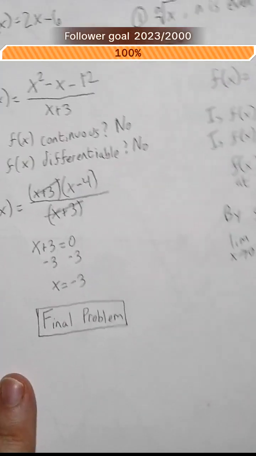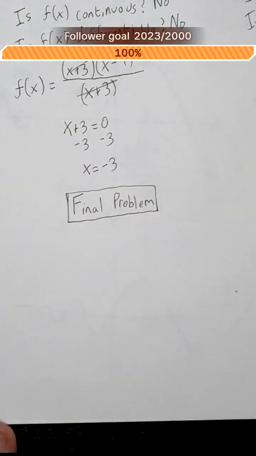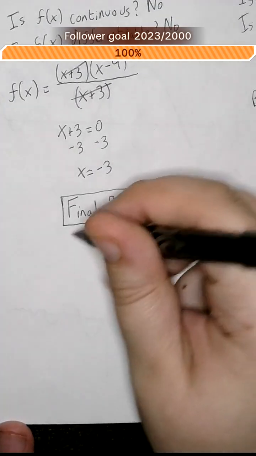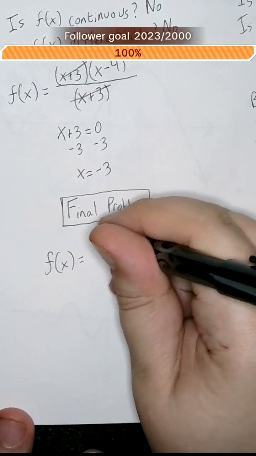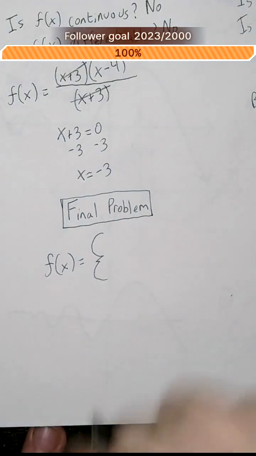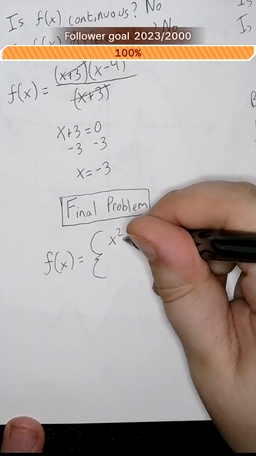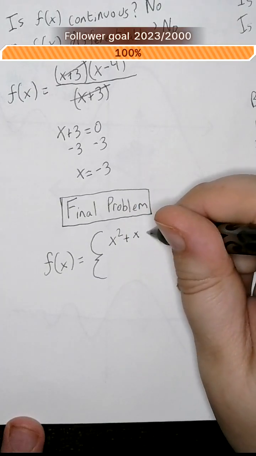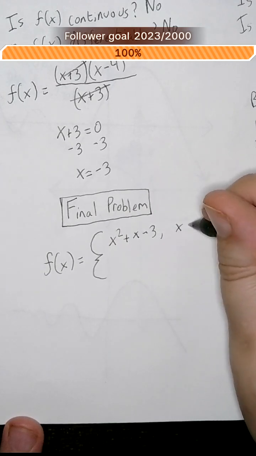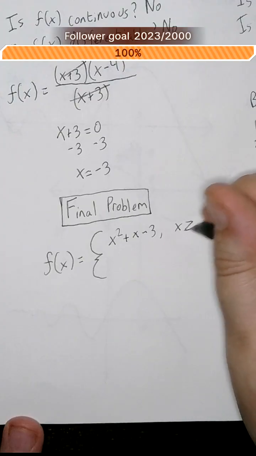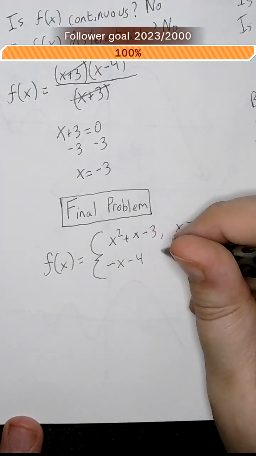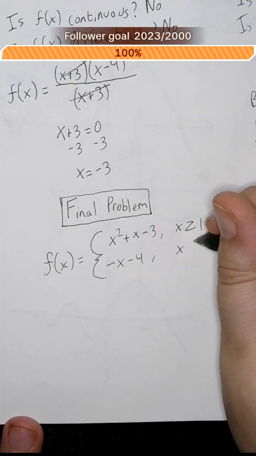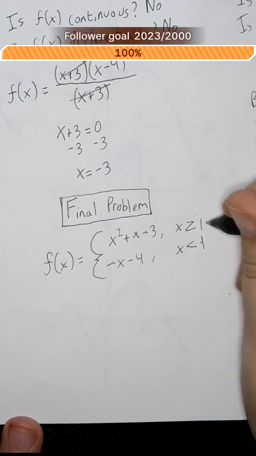So yeah, let's get into the final problem. For this one, I'm going to add a little bit of complexity, but I think you all can do it. So f of x is equal to the following piecewise function. Oh, this should be -1.